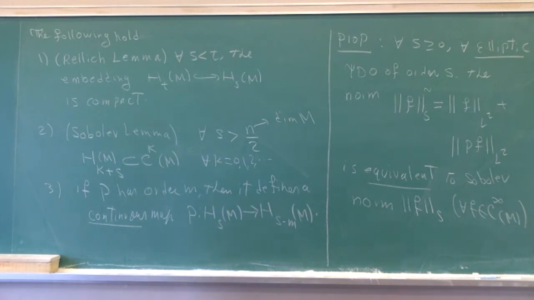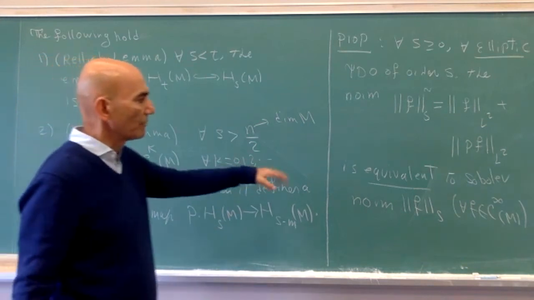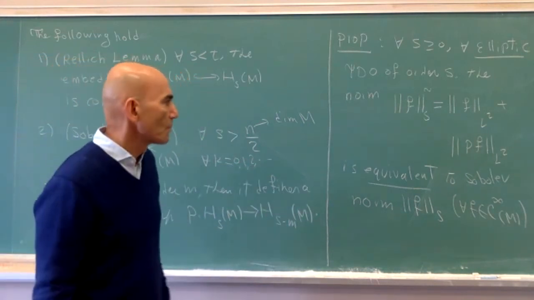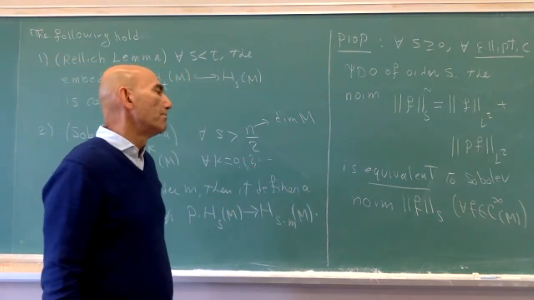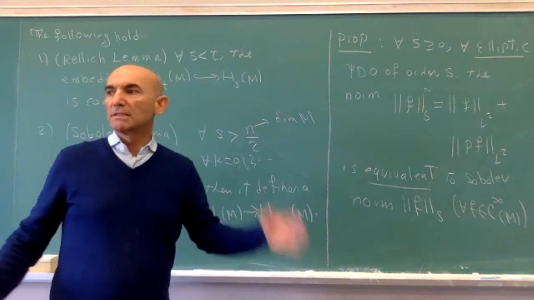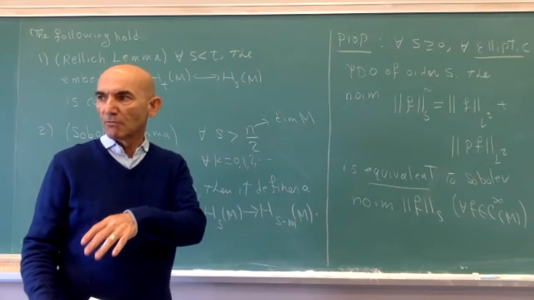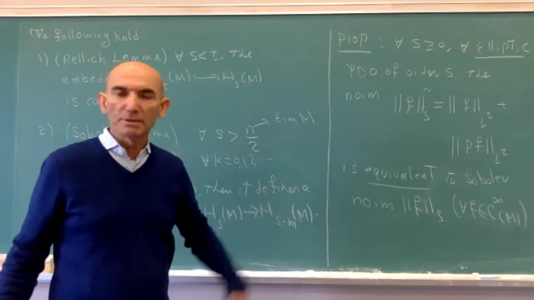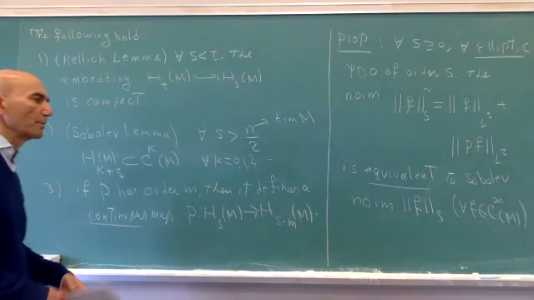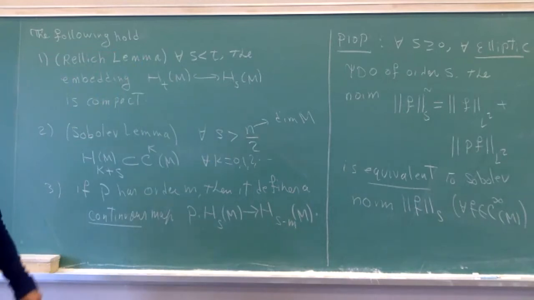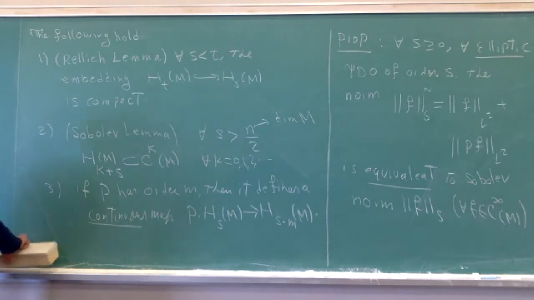So we have to use something for the proof. Equivalent means that this is less than or equal to some multiple of the other one and vice versa, for some constant that works for all elements f. Okay, any questions?